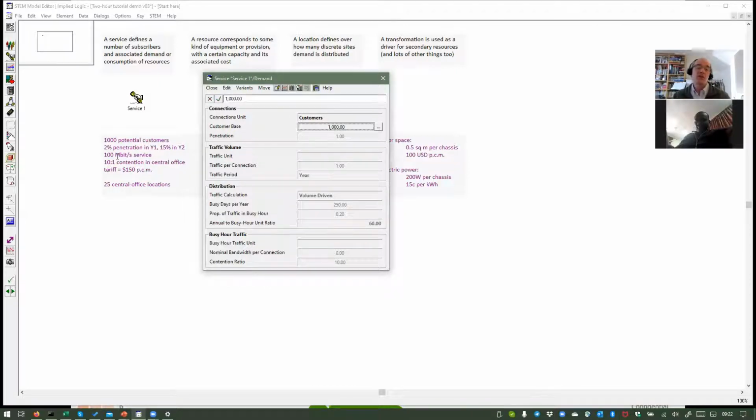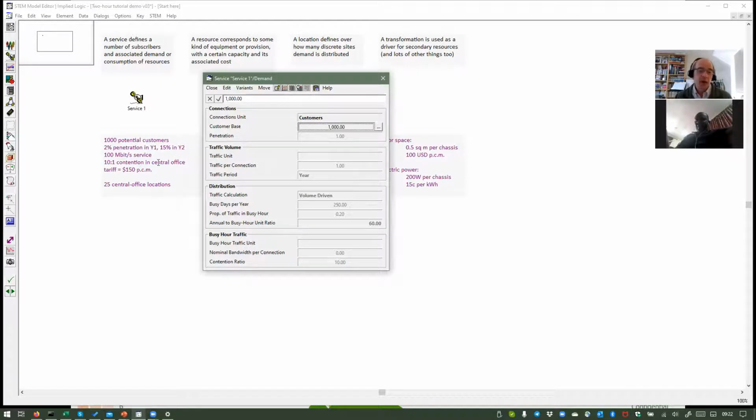And then I'm assuming that my business plan aims to get to a 2% penetration in year one and 15% in year two. Since you've been using STEM for a while, I'll give you the slightly more technical version of this. When it says year one, technically that means by the end of year one. And when it says year two, technically that means by the end of year two.